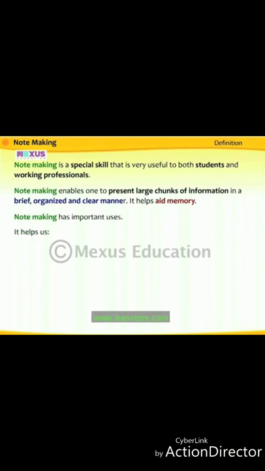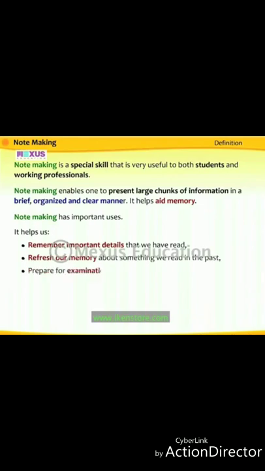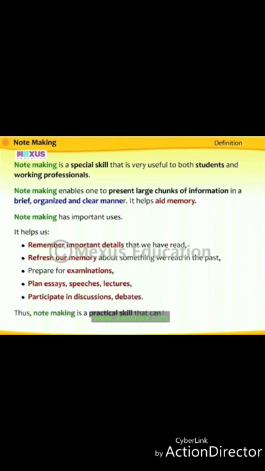It helps us remember important details that we have read, refresh our memory about something we read in the past, prepare for examinations, plan essays, speeches, lectures, participate in discussions, debates. Thus, note making is a practical skill that can be used in different areas in life.